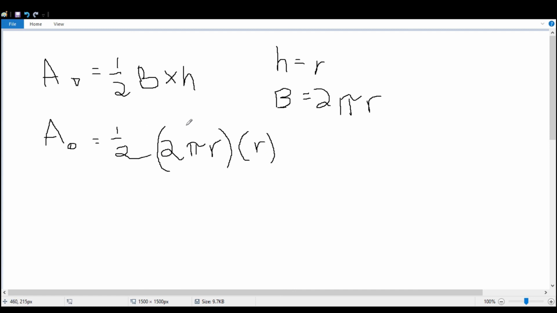Now we have everything we need to plug into this equation. So this half and this 2 cancel. Our final answer for the area of a circle is equal to pi, and then these two r's get multiplied together, so r squared. It really is as simple as that.